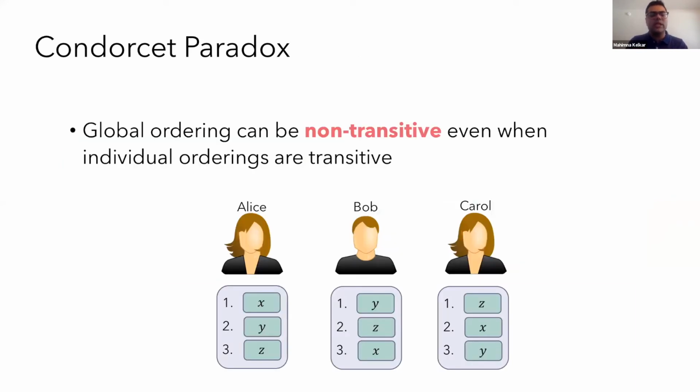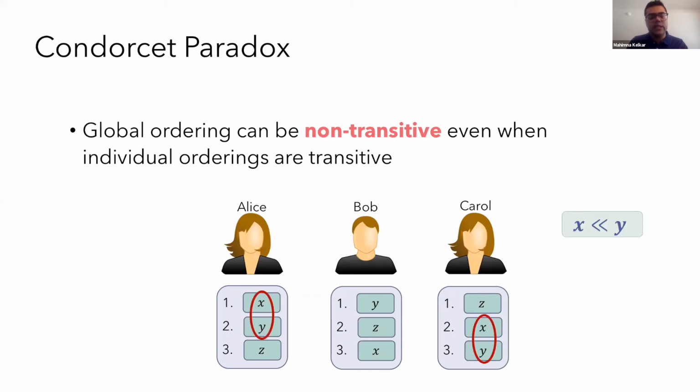But the problem with this definition actually lies in social choice theory, in the Condorcet paradox, which basically implies that global orderings can be non-transitive even when individual orderings themselves are transitive. Let's say we have 3 users, Alice, Bob, and Carol, and they receive transactions in the order XYZ, YZX, and ZXY.